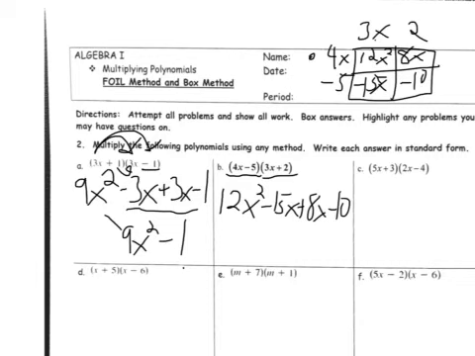I combine like terms. Negative 15 plus 8 is negative 7. So my final answer is 12x squared minus 7x minus 10.